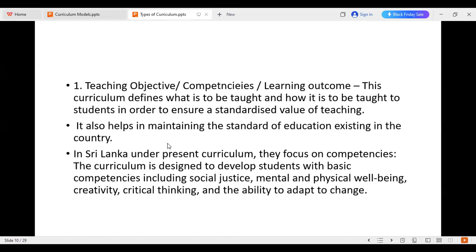But after 1997, particularly 2005, teachers were asked to write competencies, competency levels. After 2015, 10 years back, teachers were instructed to write learning outcomes.